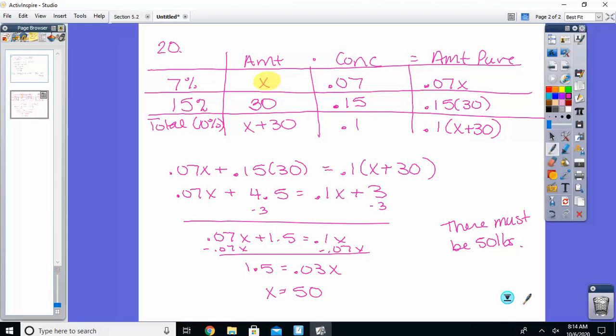So always on those concentrations, you mix your highest and your lowest to get something in the middle. If I said pure, what's that concentration? Pure is 100%. If I said water, that's 0%.